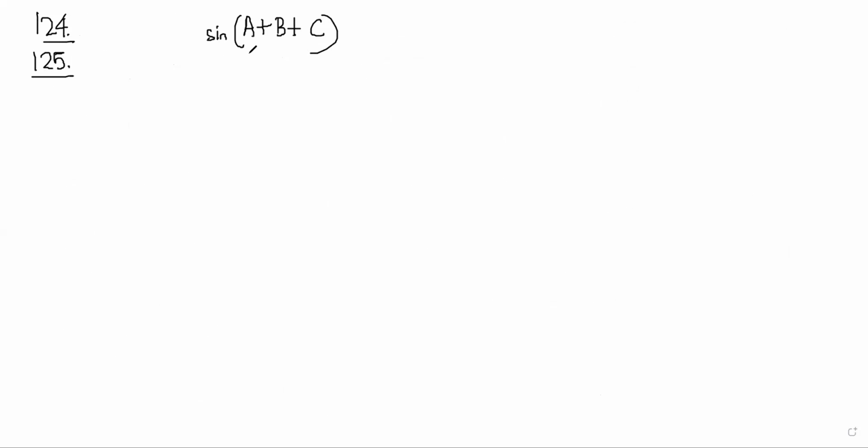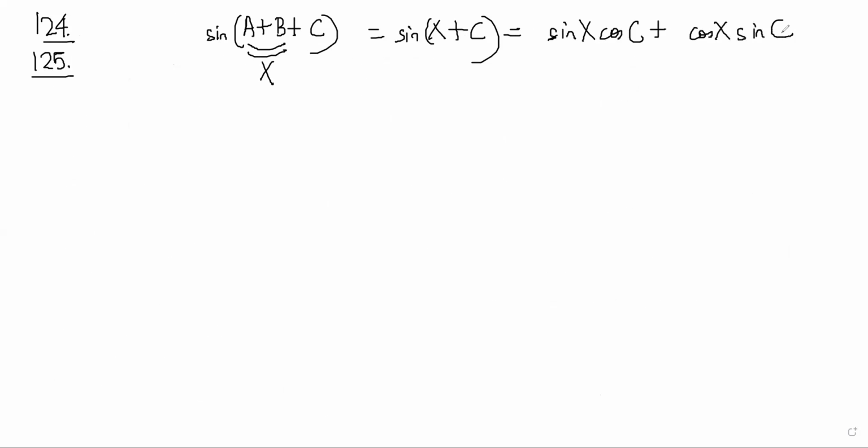So it's actually very straightforward, because I will call this one as x. So it is basically sin(x + C), right? Yes, sir. So it will be equal to sin x cos C + cos x sin C, right? Yes, sir. And now this will be equal to sin(A + B) cos C + cos(A + B) sin C, right?